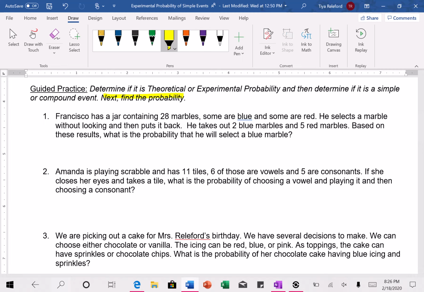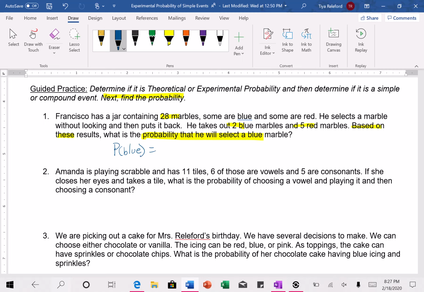So it says Francisco has a jar containing 28 marbles. Some are blue, some are red. He selects a marble without looking and then puts it back. He takes out 2 blue marbles and 5 red marbles. Based on these results, what is the probability he will select blue? So we need probability of blue. Here's the tricky thing.